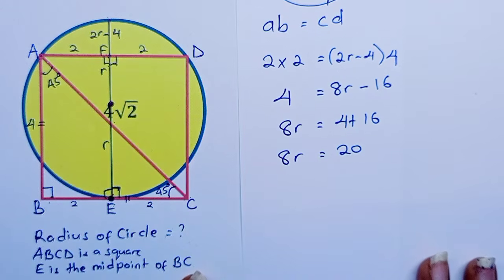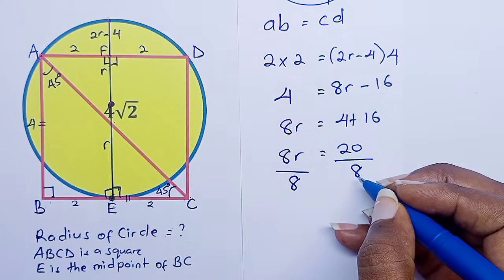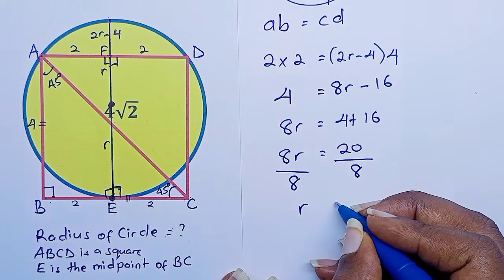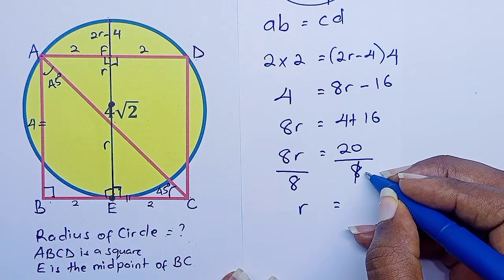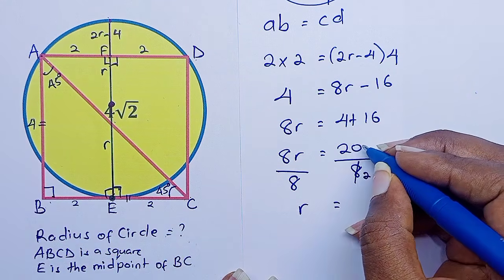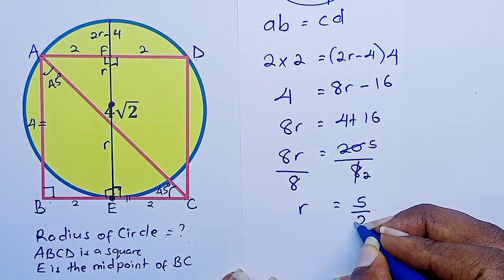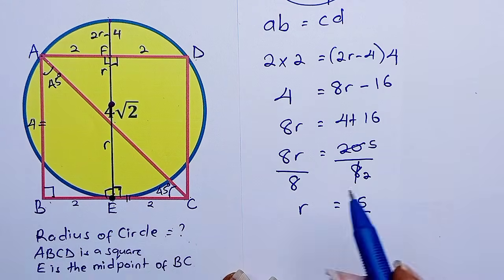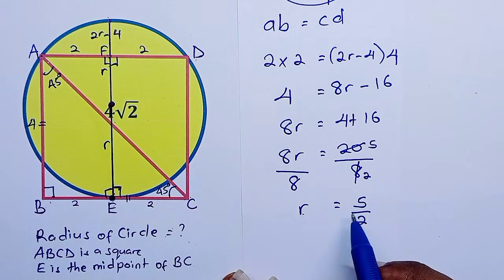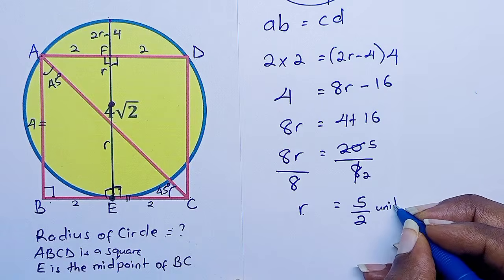Divide both sides by 8, and so we have r being equal to, this divided by 4 is 2, and this divided by 4 is 5. So r is 5 over 2. They wanted us to find the radius of the circle. And r is the radius of our circle, which is 5 over 2 units.